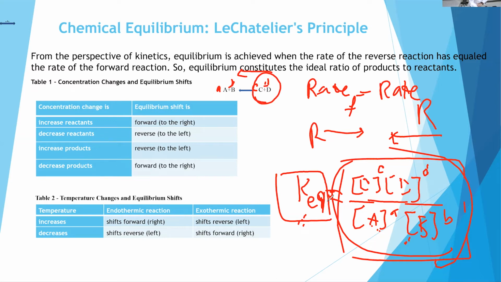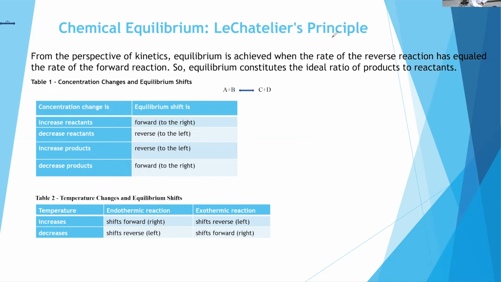The other factor that you could change for equilibrium to shift is temperature. When would temperature have an effect? If you know already that the reaction is exothermic or endothermic. Let's say this reaction is exothermic, that means heat is going to be produced.